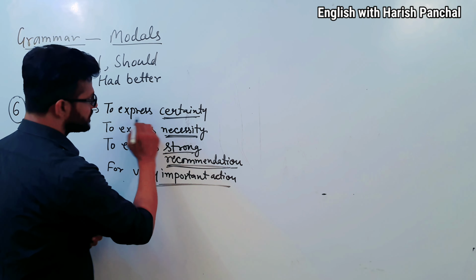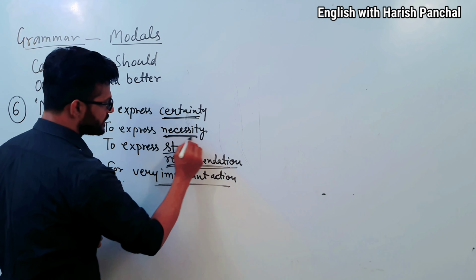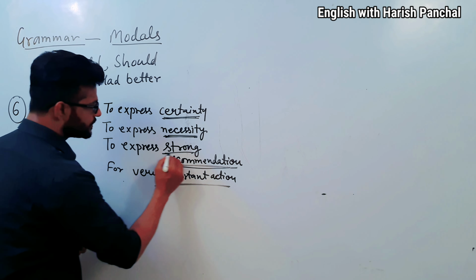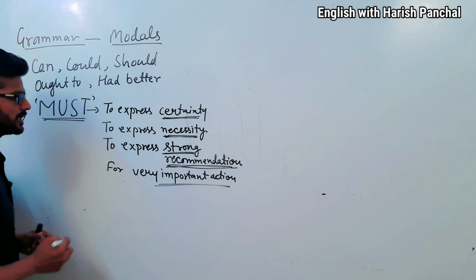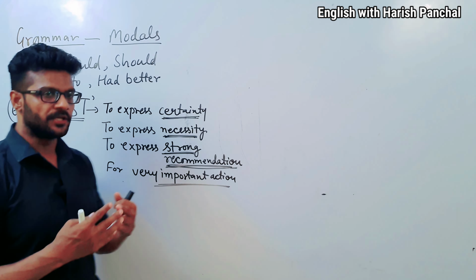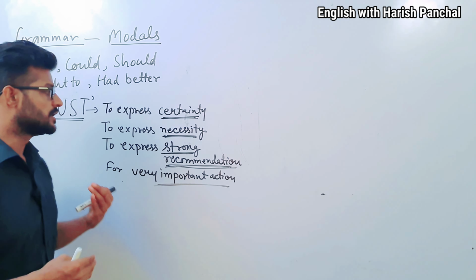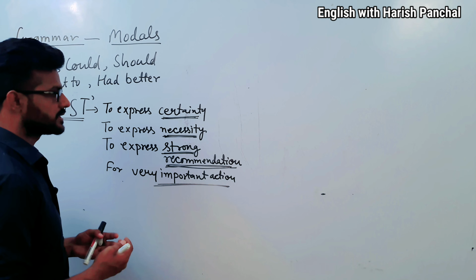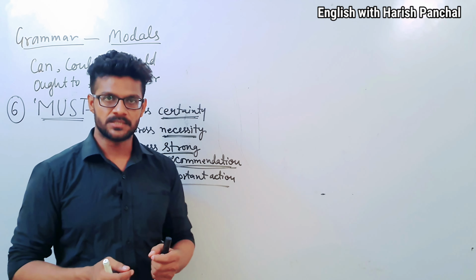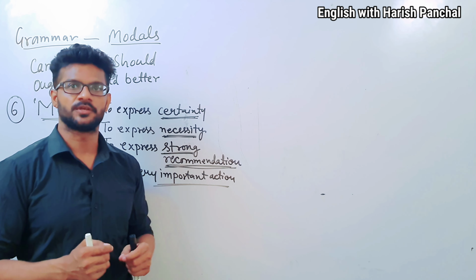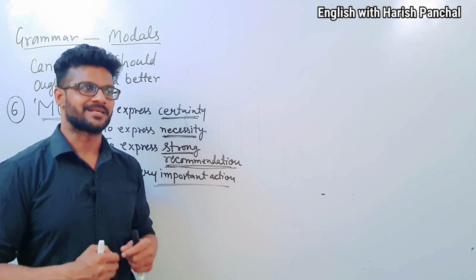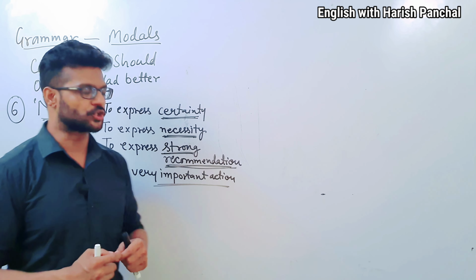Repeat after me. First use is certainty, second use is necessity, third use is strong recommendation, and it is generally used for something very important. Must is generally stronger than should.